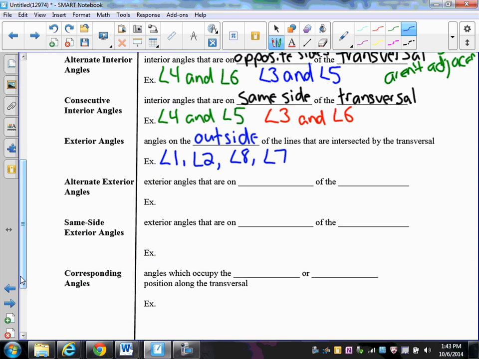So just like with alternate interior angles, this time it's exterior angles that are on opposite sides of the transversal.